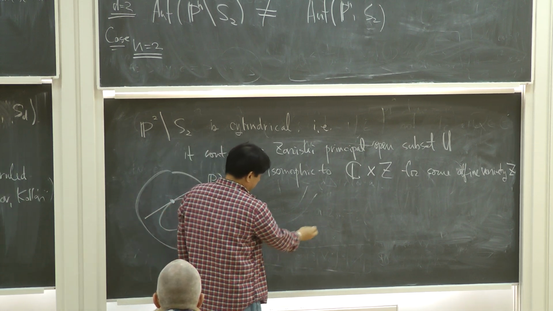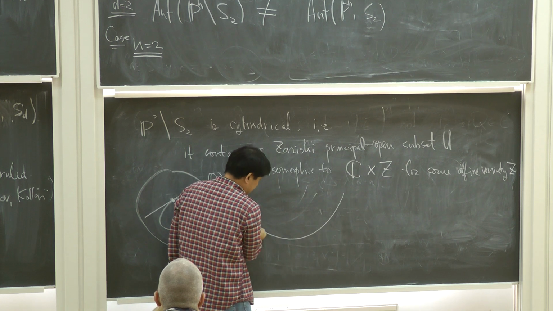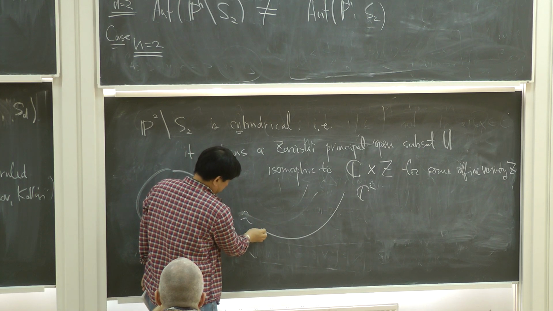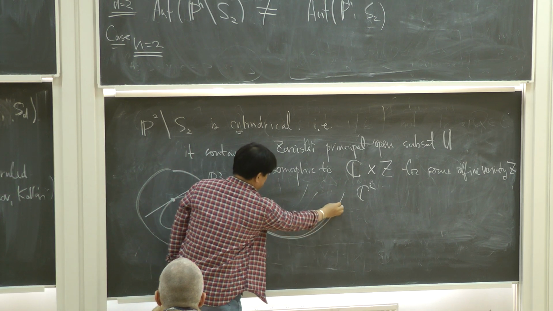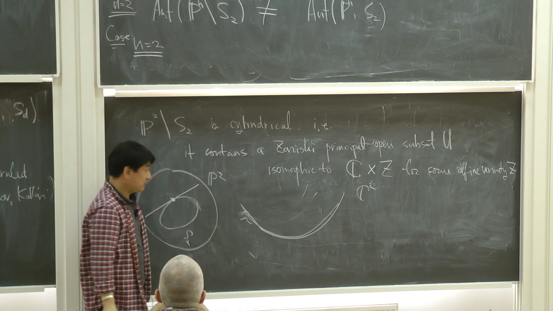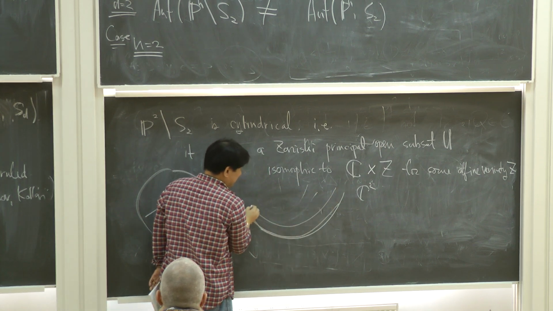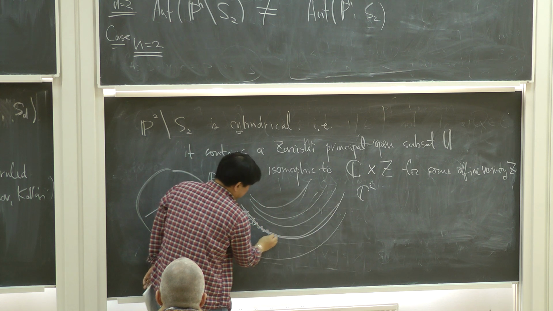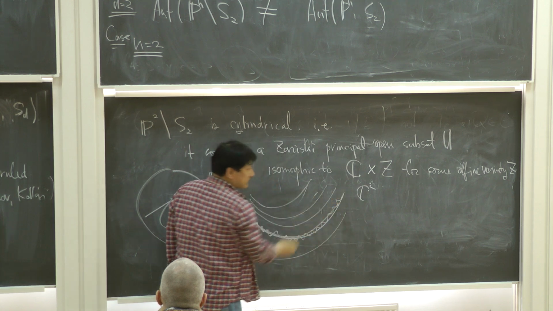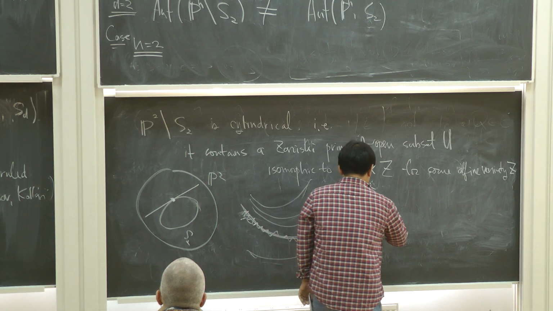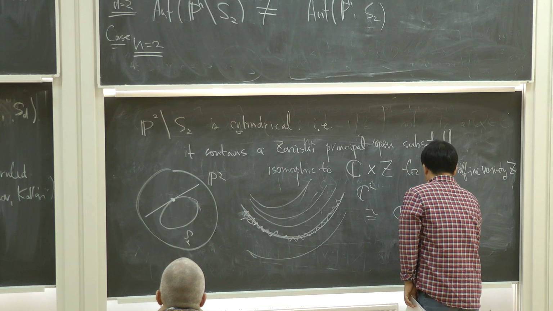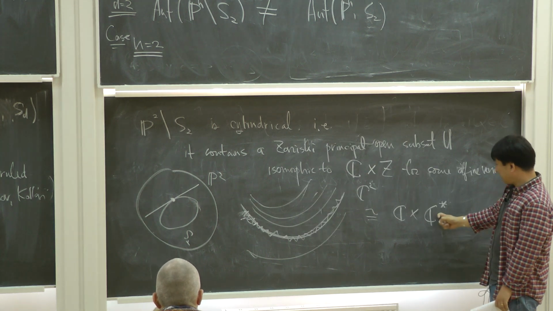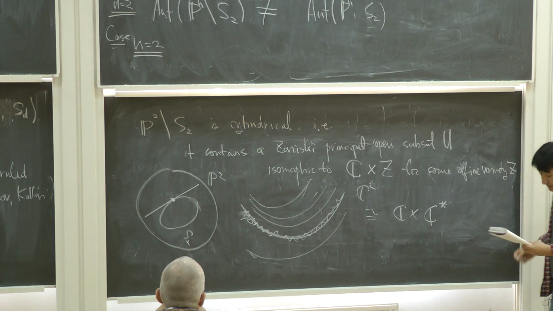This is C2, and you have this parabola, which corresponds to this S2. But you translate, then you can cover the whole C2. You just remove the original parabola. Then you get C cross C star, right? So this is the cylinder.